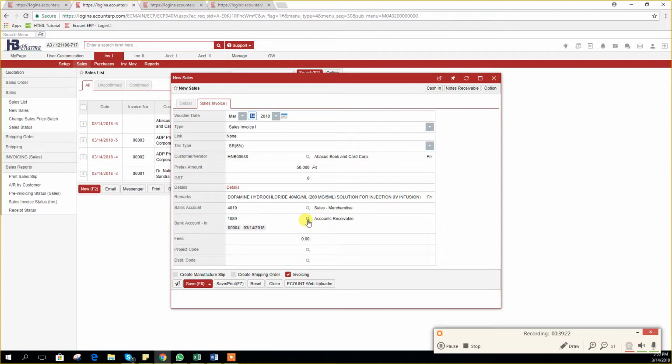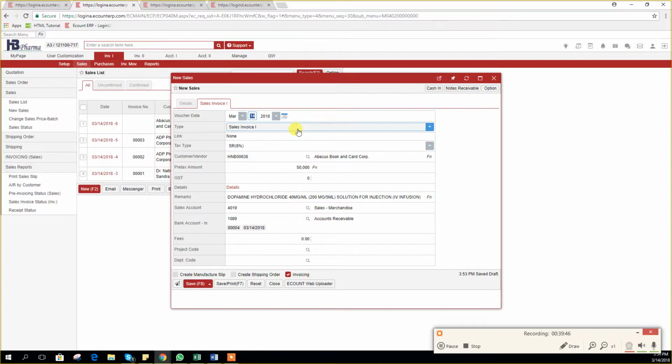Alright. So how do you record this? You need to record the sales, credit sales, and then you need to debit accounts receivables and debit out the security deposit.